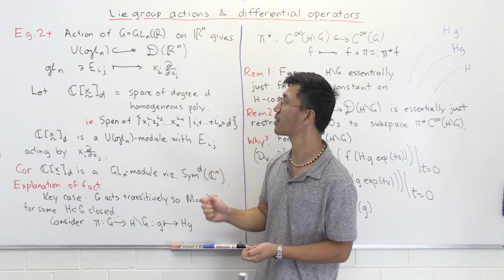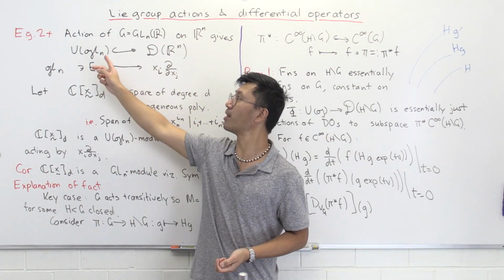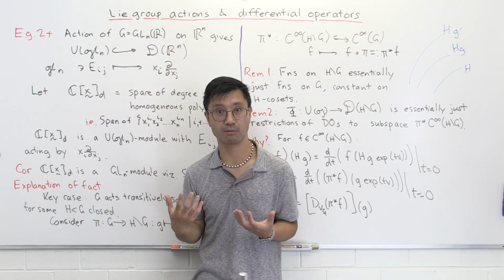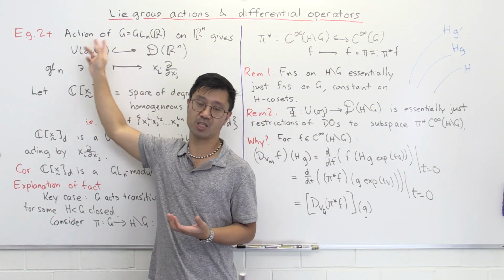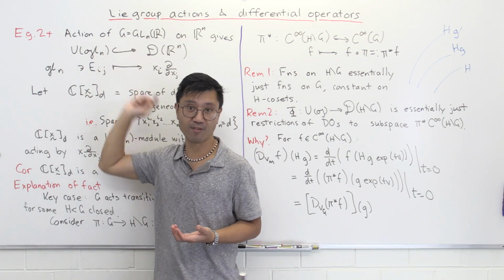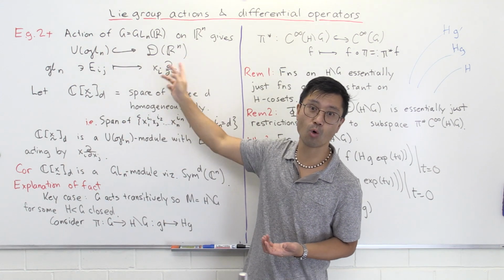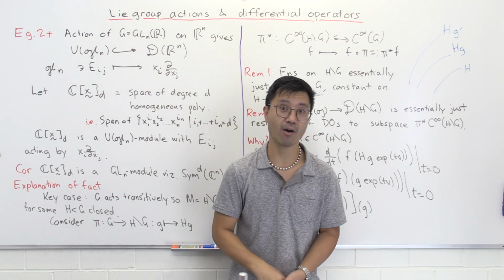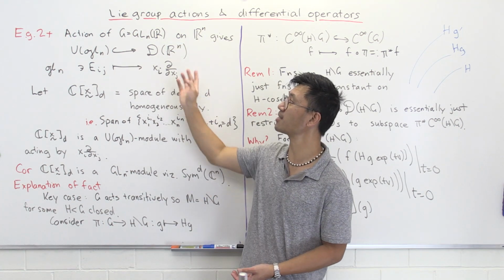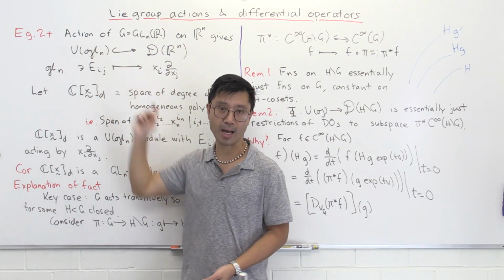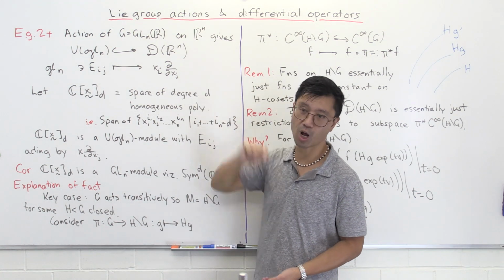And actually you can show that this ring homomorphism is injective. So another way to think about this universal enveloping algebra is you just look at the algebra that's generated by all these differential operators on R^n. So that's rather nice, that this universal enveloping algebra has this simpler description over here.